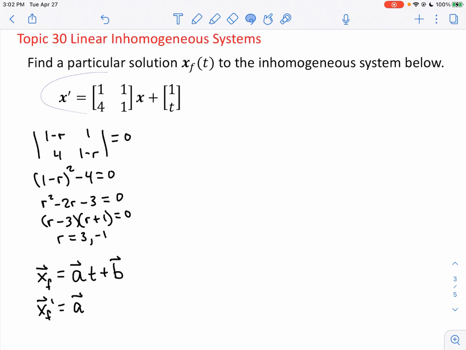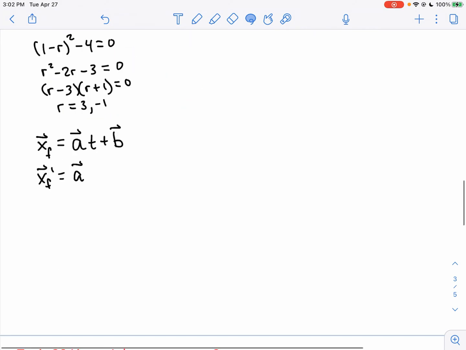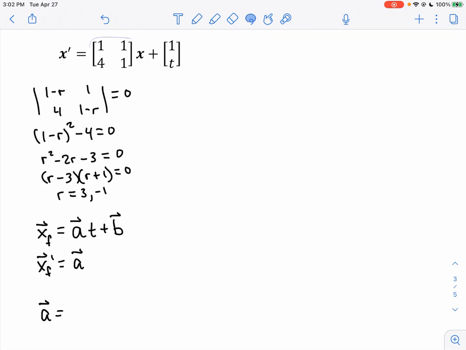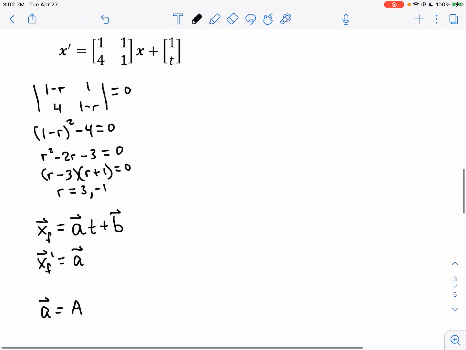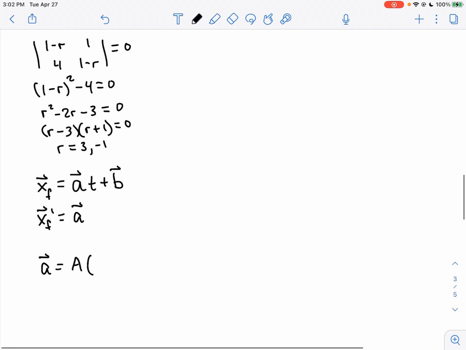Now I'm ready to do some substitution into this. The left side is the derivative of our trial solution vector, so we just get vector a is equal to, and I'm going to just call this capital A for now so I don't have to keep writing that matrix. So we have capital A matrix times vector x, and we're plugging the trial solution into our differential equation. So we have vector a times t plus vector b.